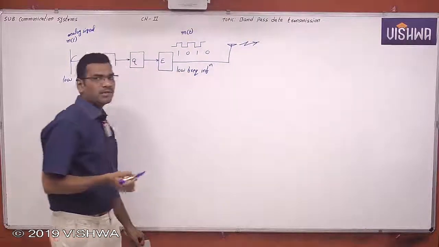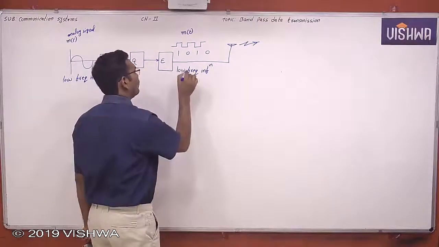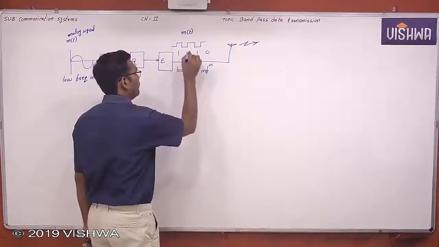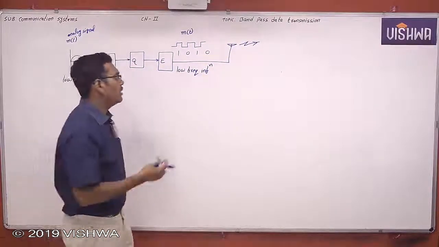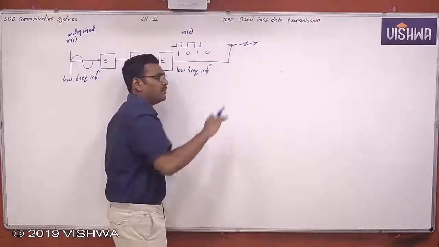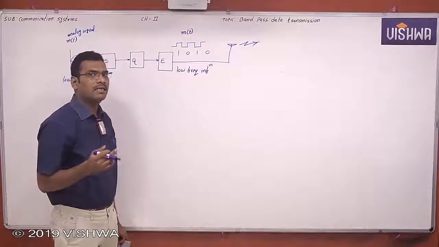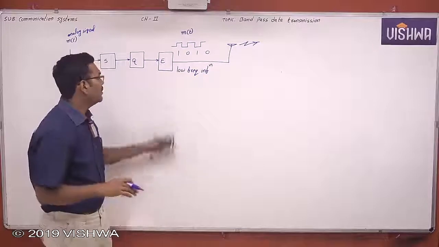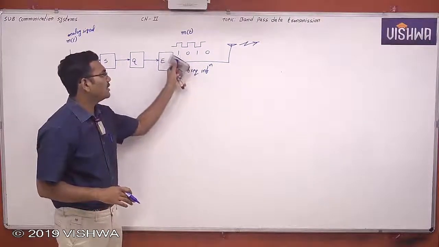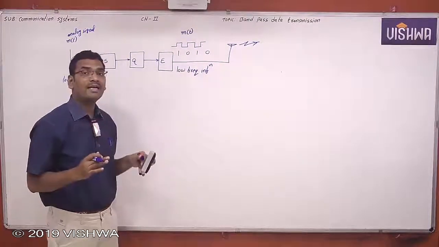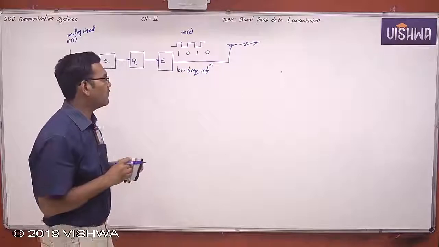If you transmit as it is, the antenna height requirement is very high. Practically it is not possible to design an antenna of that much height. Therefore this is the problem with low frequency information, and these rectangular pulses cannot be transmitted directly into free space.